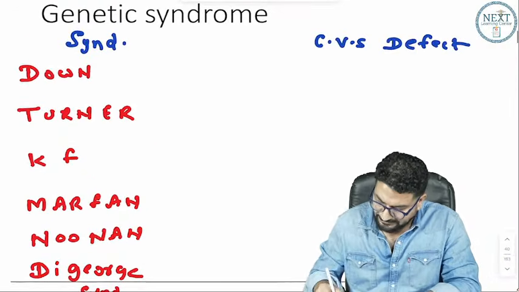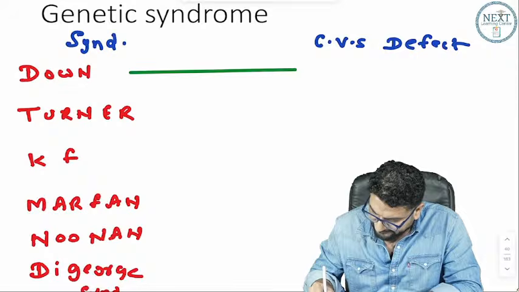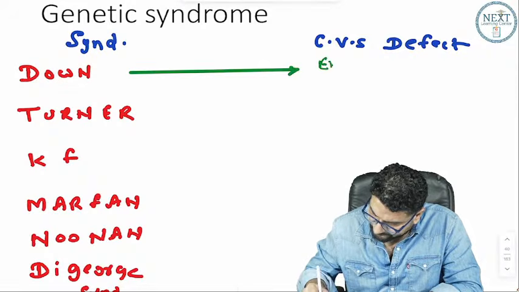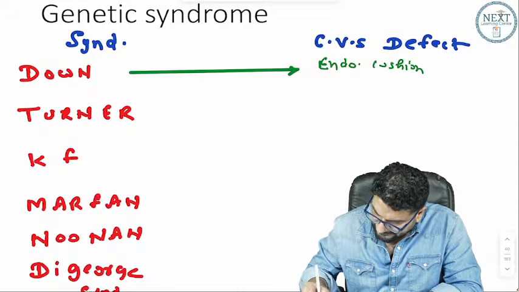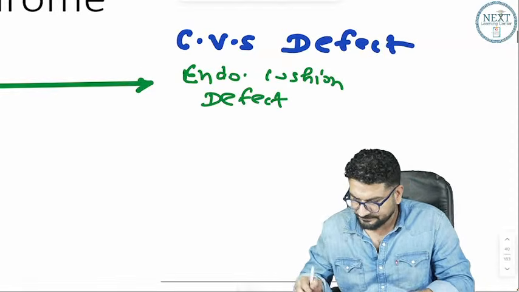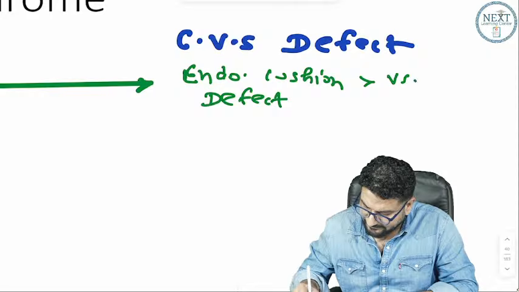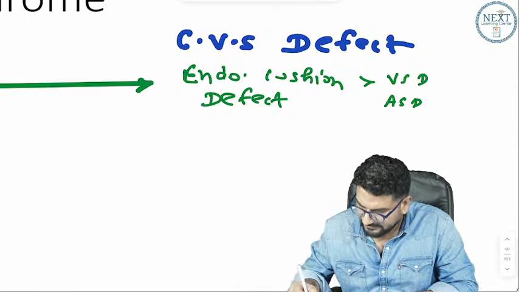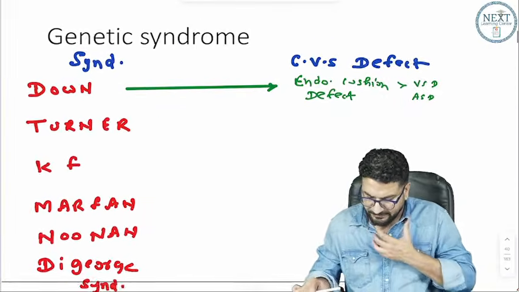Okay, so understand Down syndrome. The cardiac defect you will see is called endocardial cushion defect. But in exam, what they ask you? They ask you VSD and ASD.